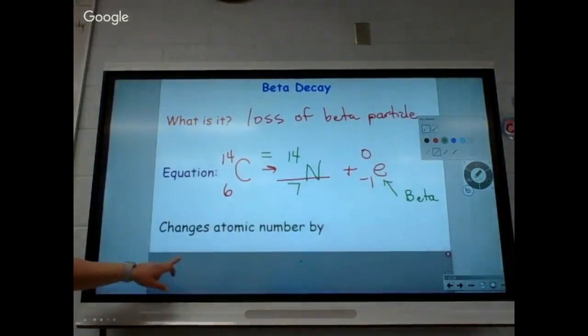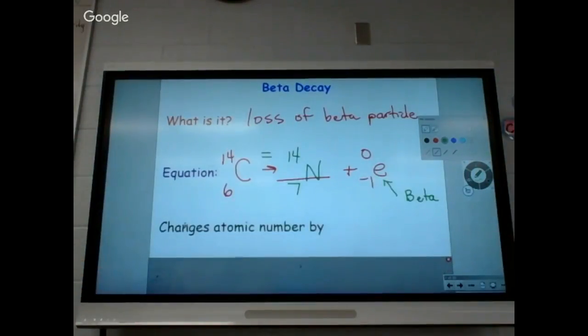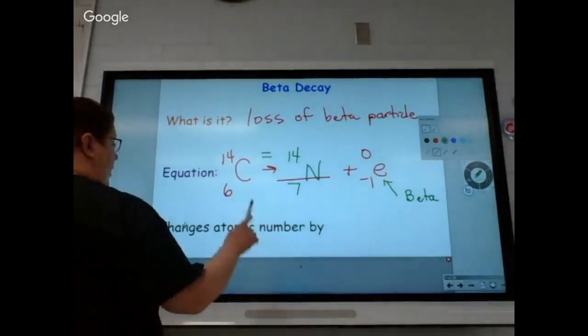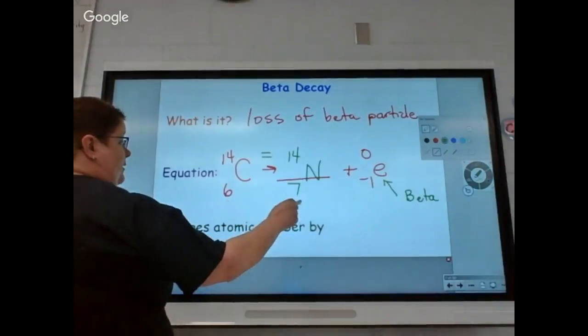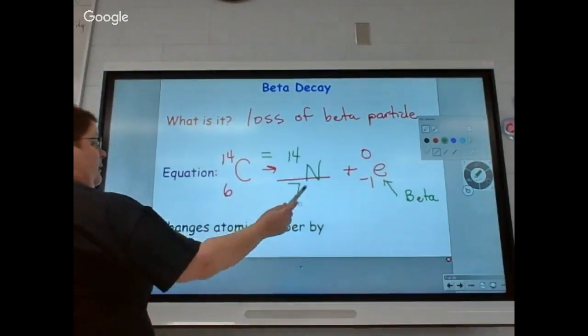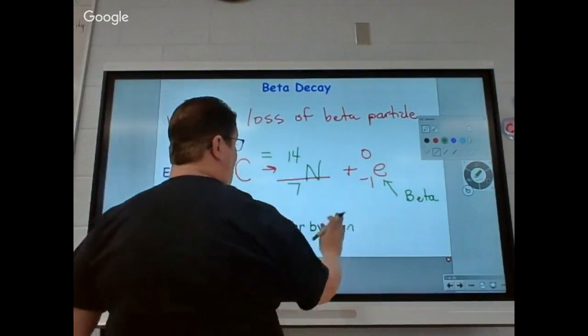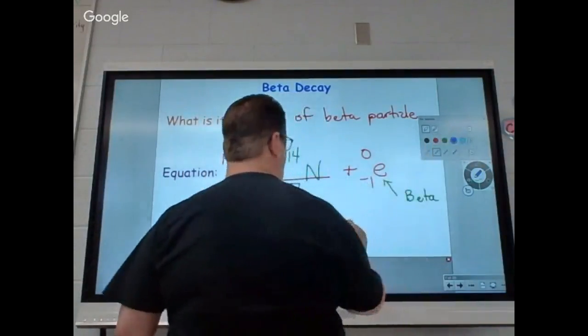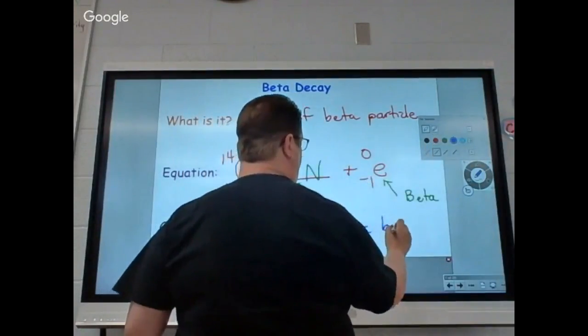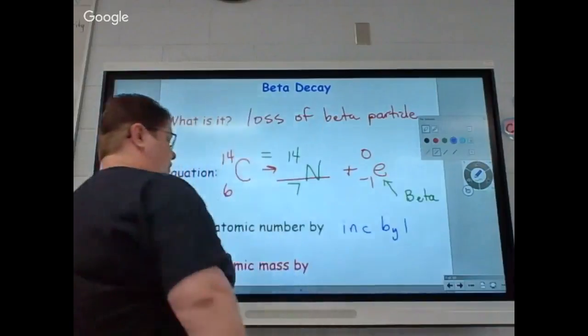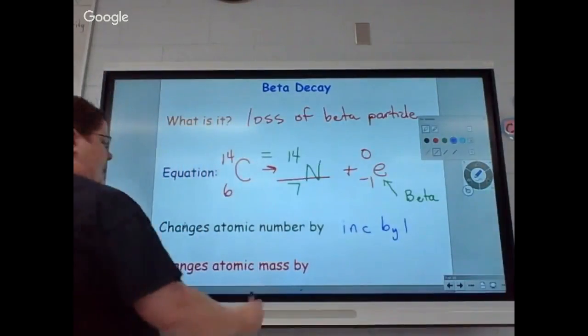All right? How much did the atomic number change by? Look at your atomic number. Y'all are on mass. It went from 6 to what? So it increased by 1. All right, and what did mass do? Stayed same.